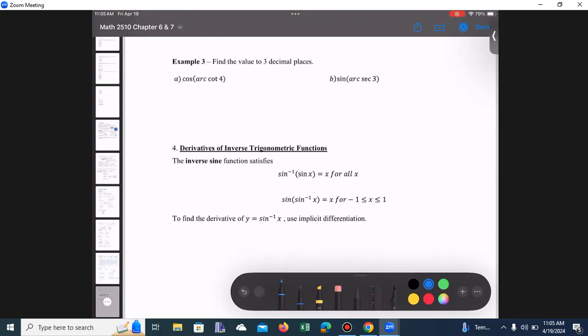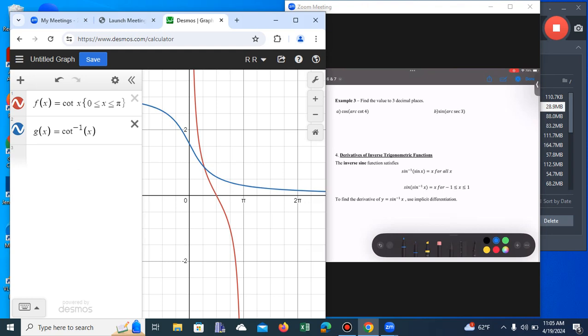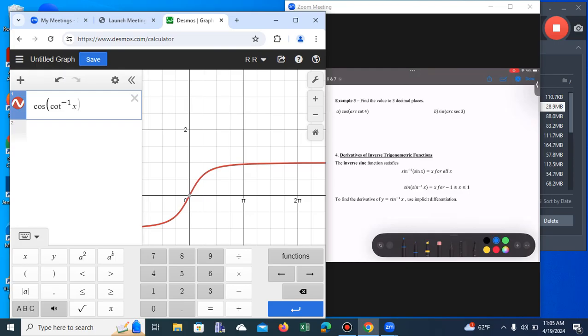Right, so cosine of arc cotangent 4. Now, these aren't ones that would fall on a unit circle, so we have to use some kind of calculating device. For this, we can just type it in: cosine of cotangent inverse of 4, and you get 0.970.